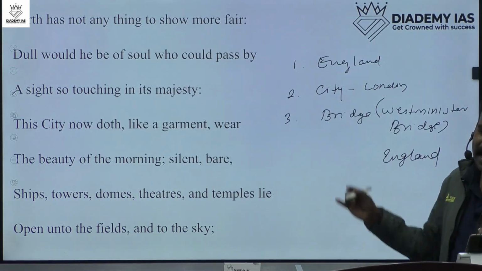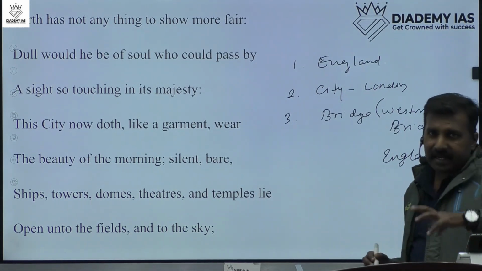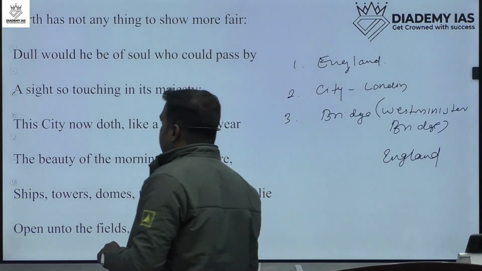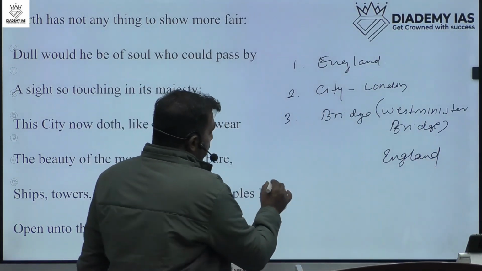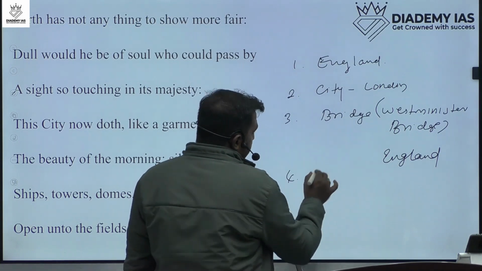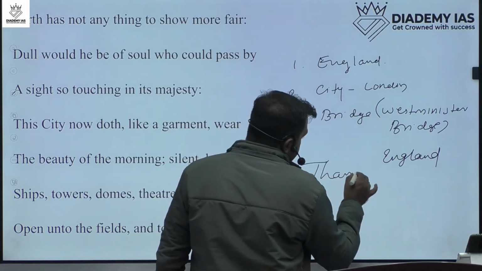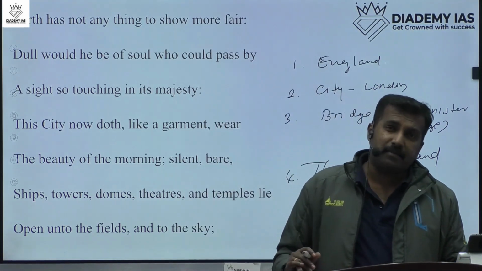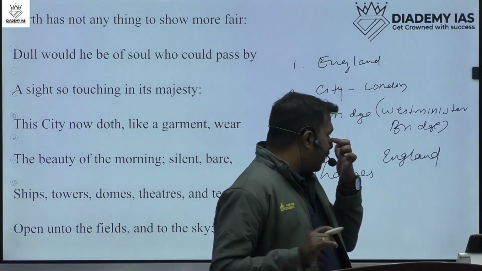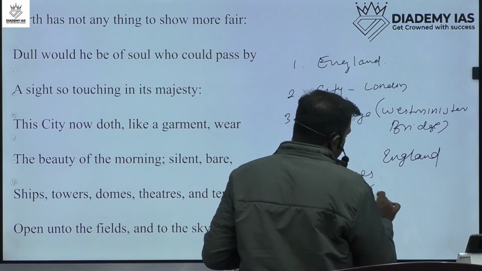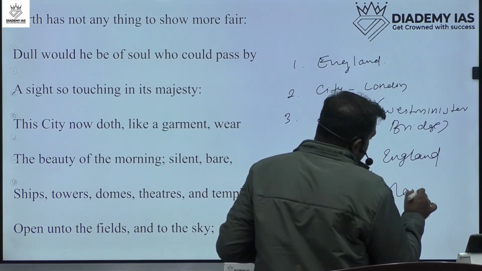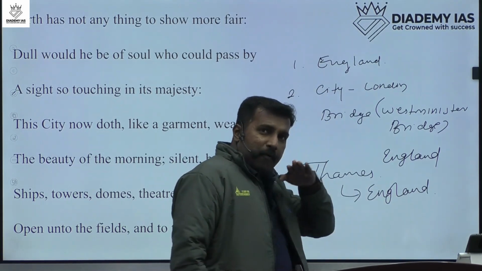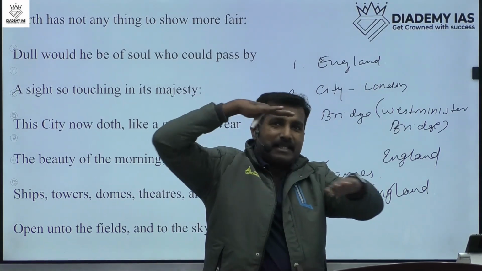So let's discuss the poem in detail. One more point is that this poem explains the river Thames. What is the Thames? The Thames is an important river in England, and over this Thames there is a bridge.